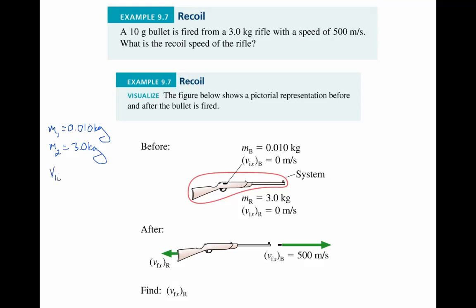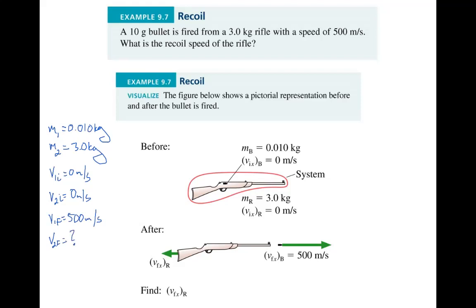V1 initial is 0 meters per second. V2 initial is equal to 0 meters per second. Which one did we say was M1? Okay, so V1 final is equal to 500 meters per second, and we're trying to solve for V2 final.